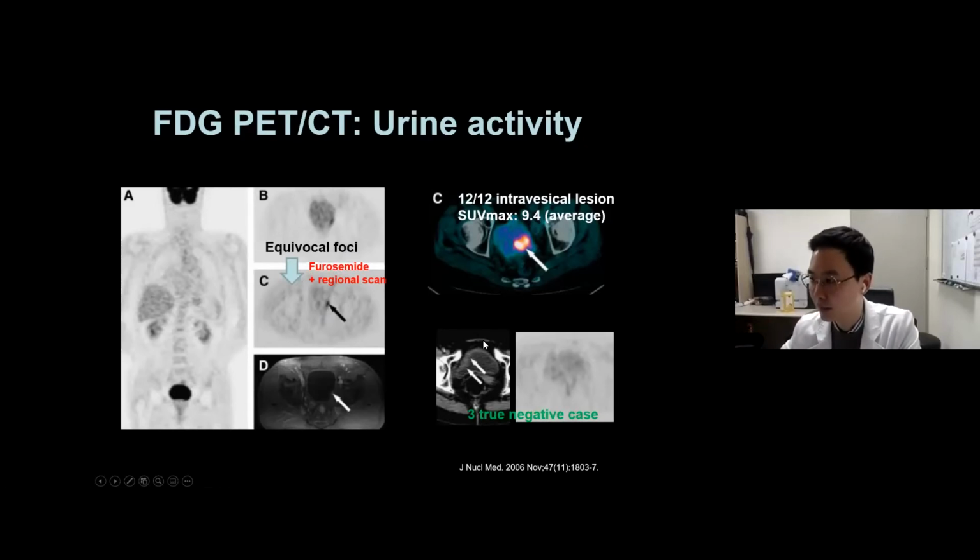focal uptake remaining in that same region, indicating bladder cancer. By using this method, they have shown that it can have great performance for detecting intravesical lesions.